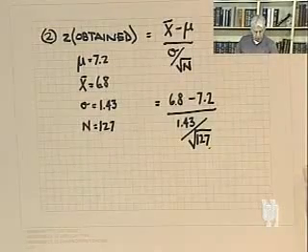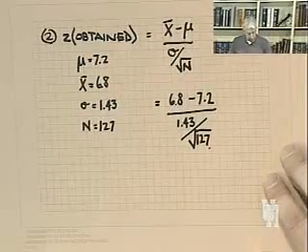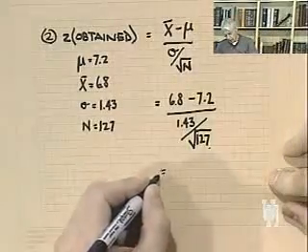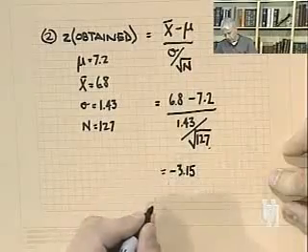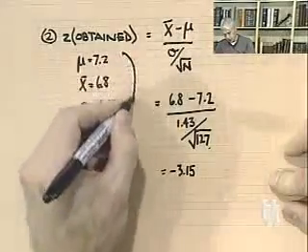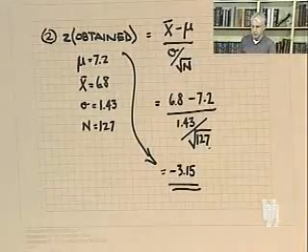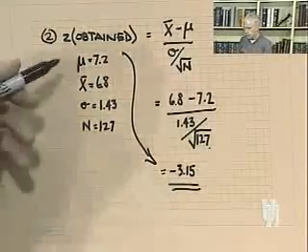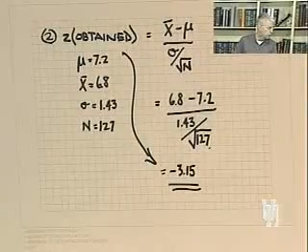And if you perform that computation, at least according to Healy, the answer is minus 3.15. That is, Z obtained equals minus 3.15 standard deviations. Are there any questions on the computation of Z obtained?